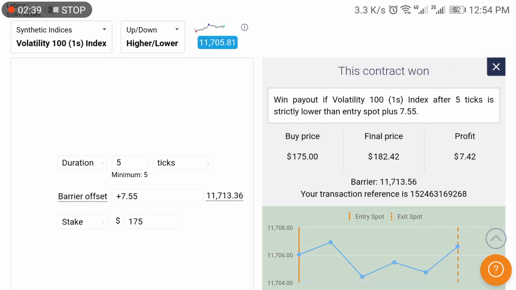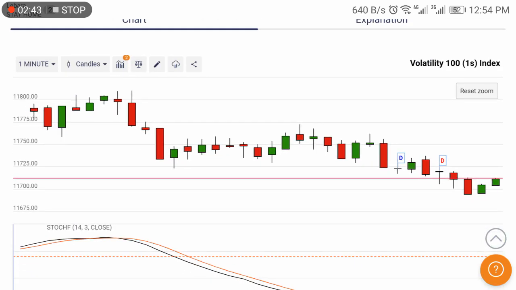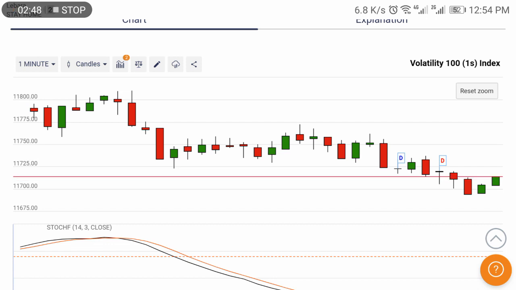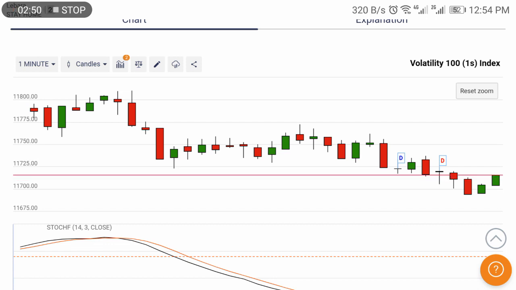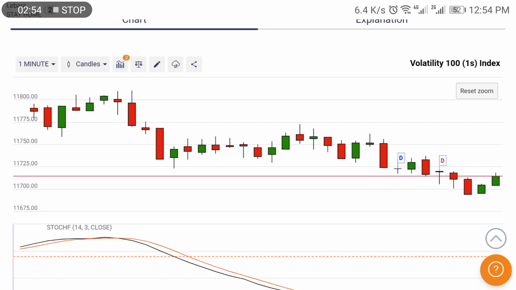Look here, the contract is won, and let's move on to the chart. And look here, as I told you, this candle has no move. This candle also has no move. But it's moving now, so we have to wait for this. Look here, it's not moving.